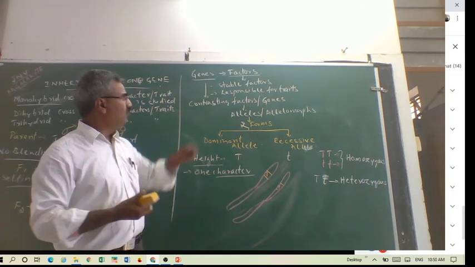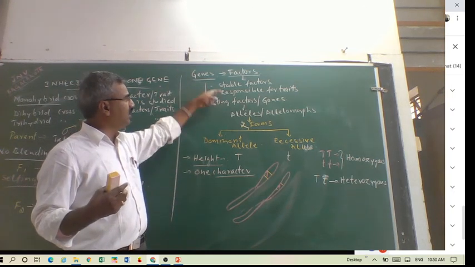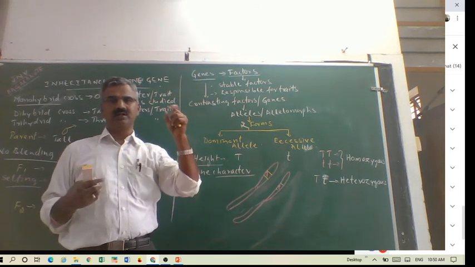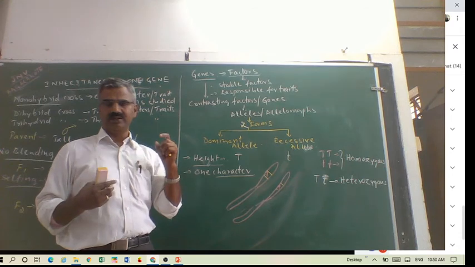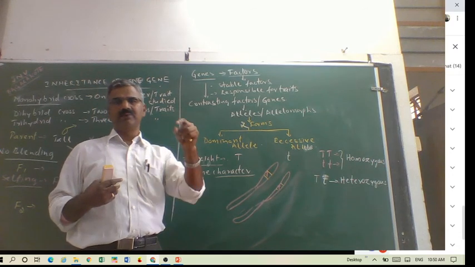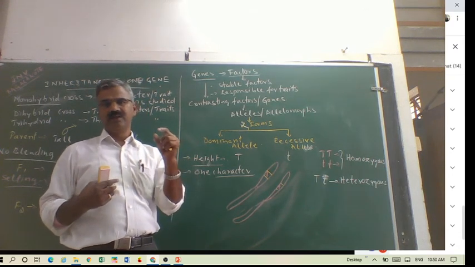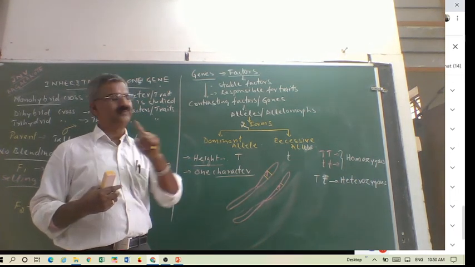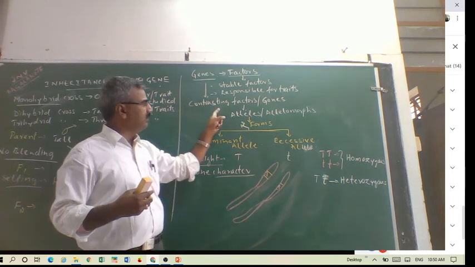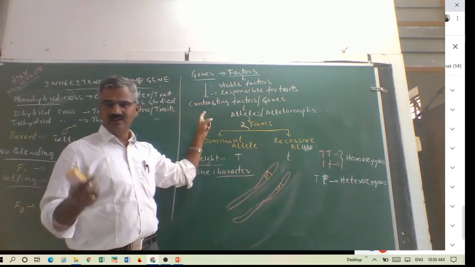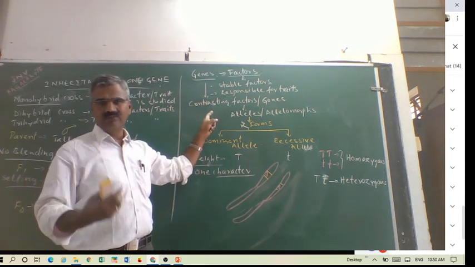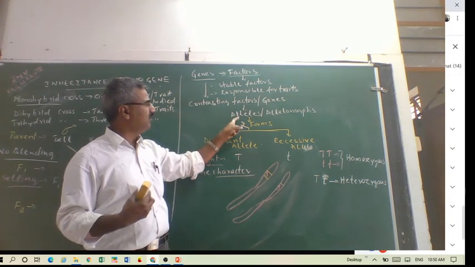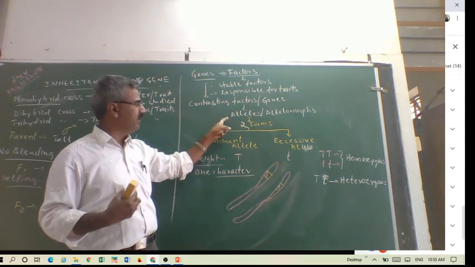So we are using different terms in this case. The gene is the one which is responsible for a particular character, a sequence or a segment of the DNA, that is, a piece of DNA responsible for one trait or one character. And in the genes we are having two contrasting traits. The factors which are responsible for the two contrasting traits we call alleles.